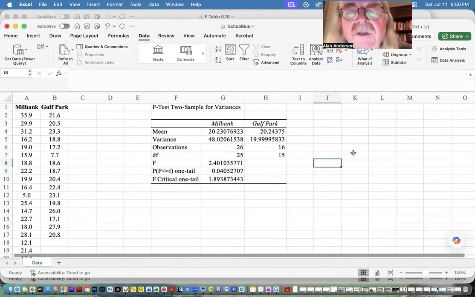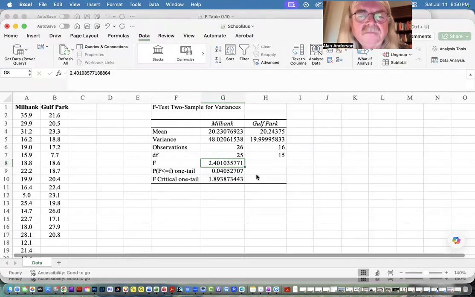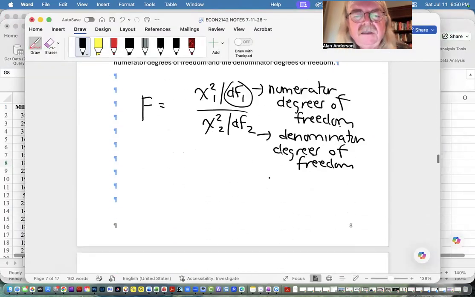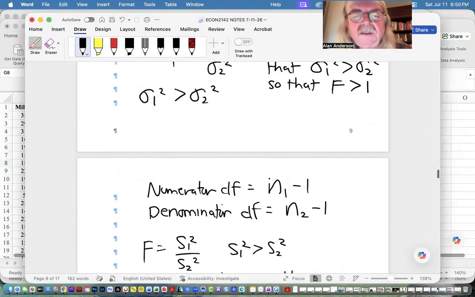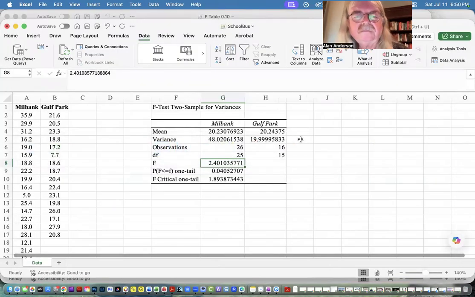It doesn't tell us what the critical value is, but it does give us the test statistic. That's the 2.4 that we found. Okay. Where is it? There it is.